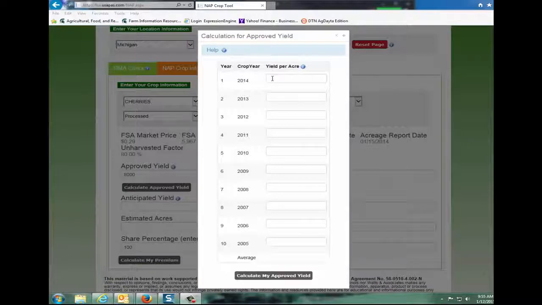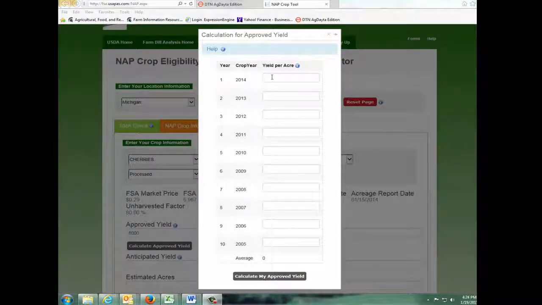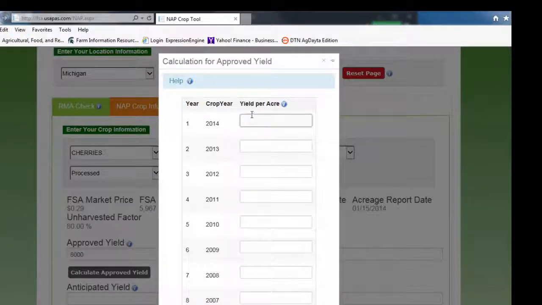It may come out just slightly different after you work with your FSA office. It is important when you go from section to section to use either your mouse or the tab key. It's important not to use enter, or bad things will happen. So I'll use the mouse and put in 9178, as again, this is an actual example.